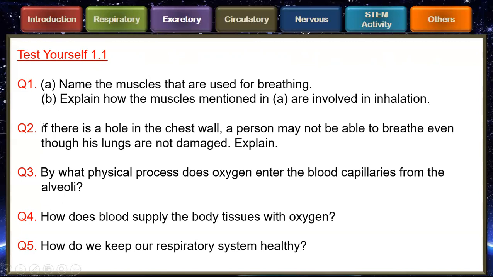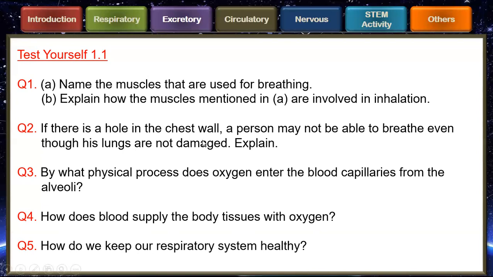Question number 2: if there is a hole in the chest wall, a person may not be able to breathe even though his lungs are not damaged. Why? You have to explain it. For example, that person has damage on his or her chest. Why will he or she have difficulty in breathing?